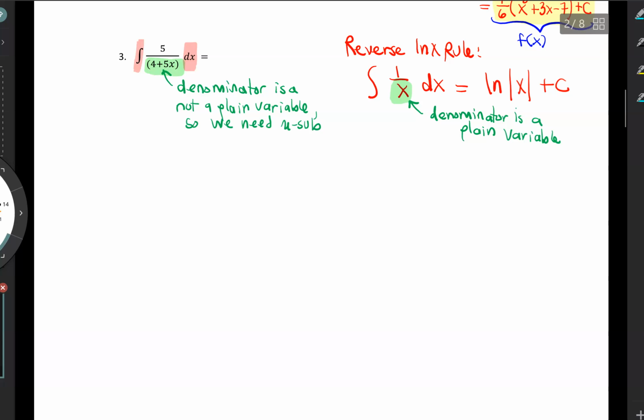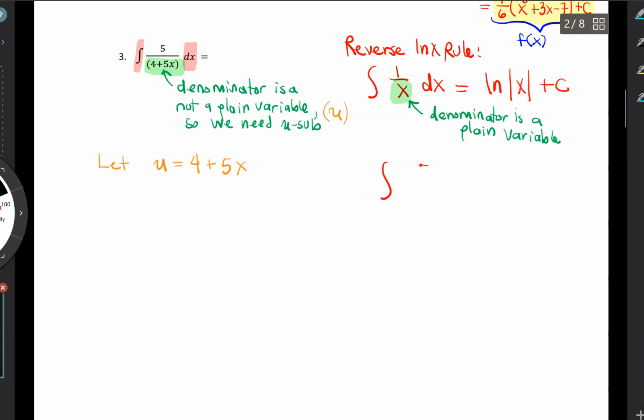Okay, the thing that's messing us up is what we're changing to our u, right? I need that denominator to be a plain variable, so I'm going to make it a u. So let's do that. We're going to let u be the problem. The problem is that binomial. So I'm going to make u be that binomial. So let me see what that would look like if I substituted it.